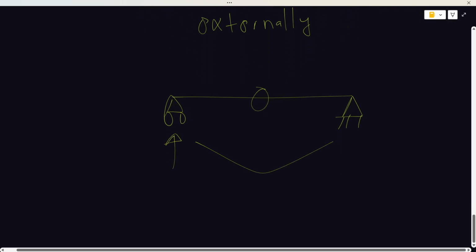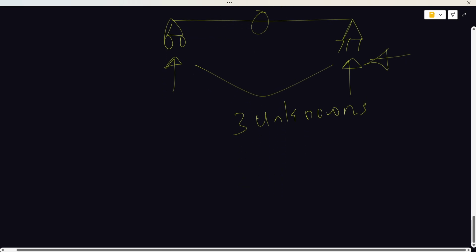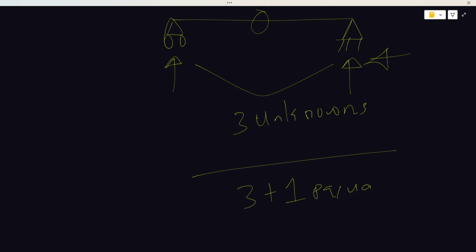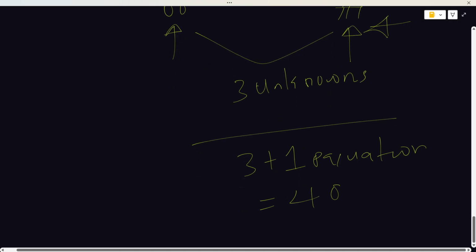So this means we have 3 equations, 3 unknowns. But we have 3 plus 1 equation. Remember, 1 is the equation of condition. So we have 4 equations.